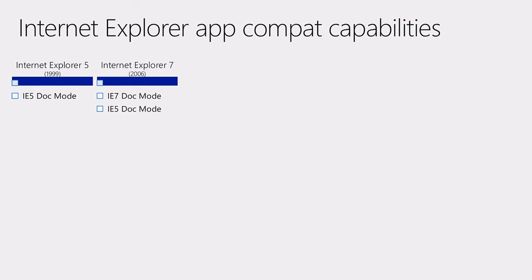And of course, a little later, we came out with IE6 and then IE7. In IE7, we realized that a lot of applications had been written for IE5 standards. So we created something called a document mode, an IE7 document mode. This included IE5 document mode for those older applications and IE7 document mode for newer applications.